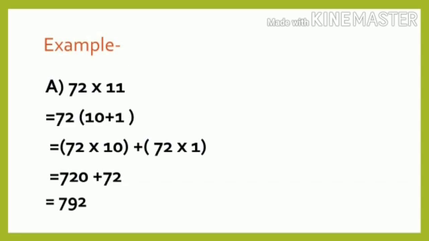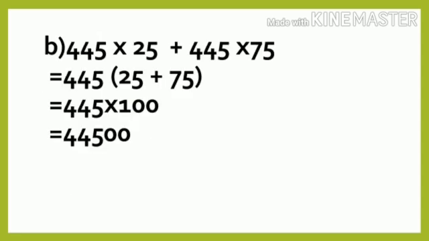According to distributive property, we will multiply 72 with 10 and 1 both. After multiplying it, we will add the result, means 720 plus 72. So the answer will be 792.